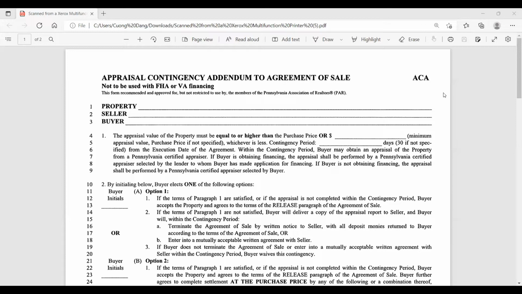If buyer is not obtaining financing, the appraisal shall be performed by a Pennsylvania certified appraiser selected by buyer. We've always had that question: who selects the appraiser if a cash buyer wants to do an appraisal? It's written right in this addendum. Who gets to pick? The buyer picks. Okay. Any questions on paragraph 1 before we go into these two options?